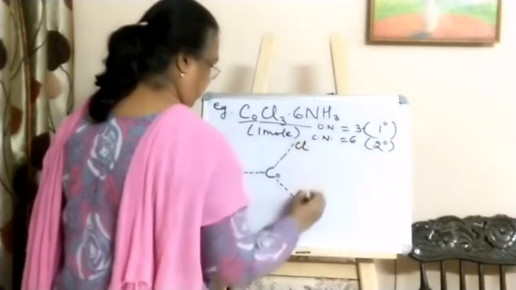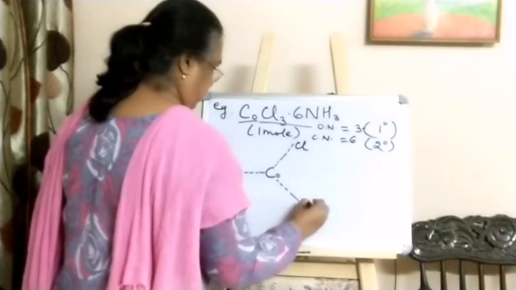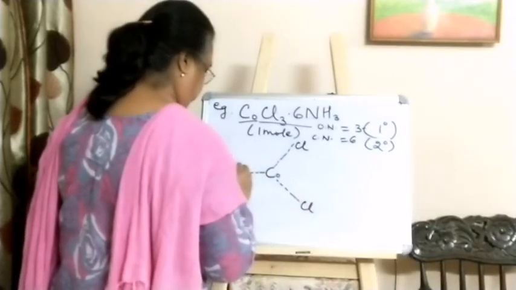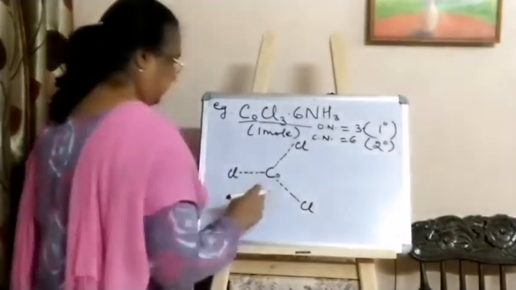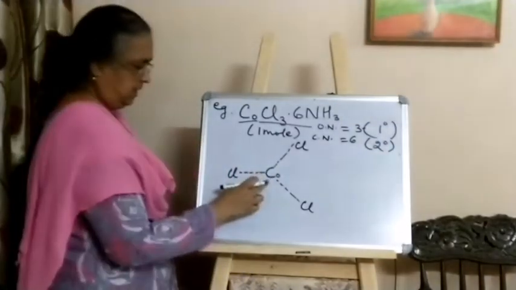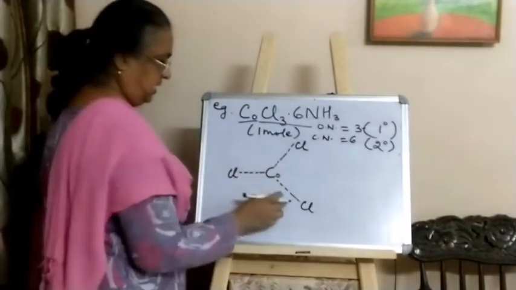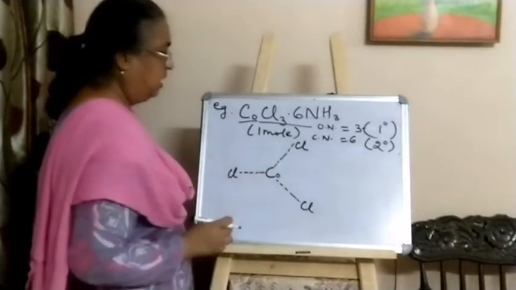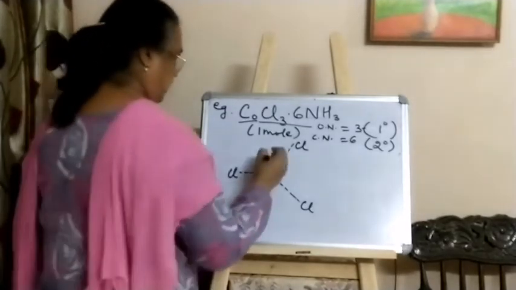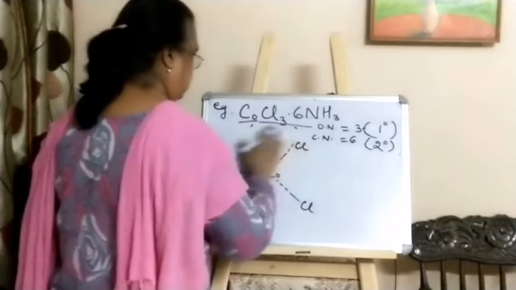So 3 chloride ions are attached to the central metal atom cobalt through the dotted line. So this is indicating primary valency. And coordination number is 6.